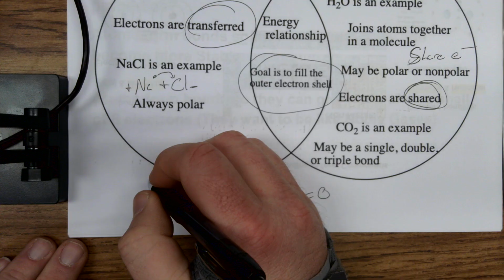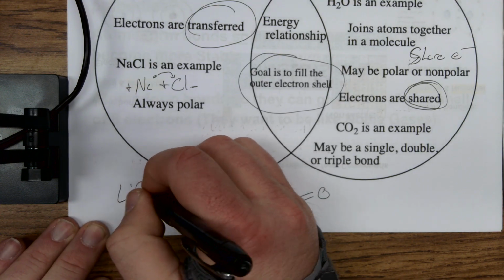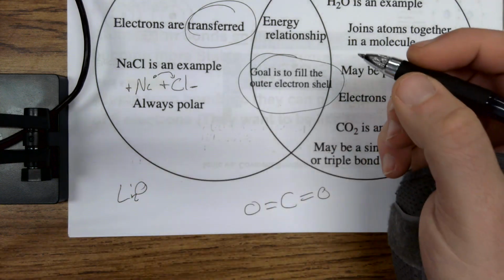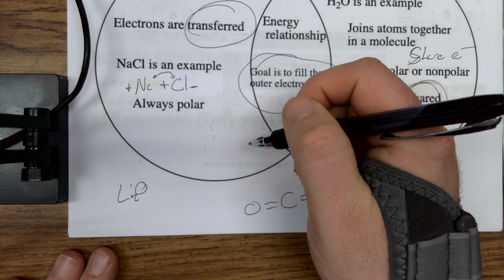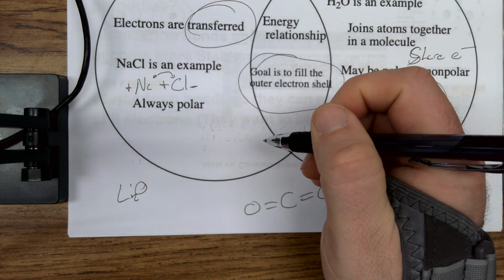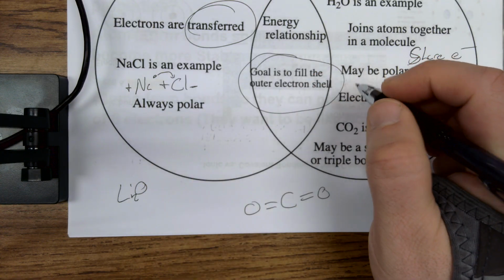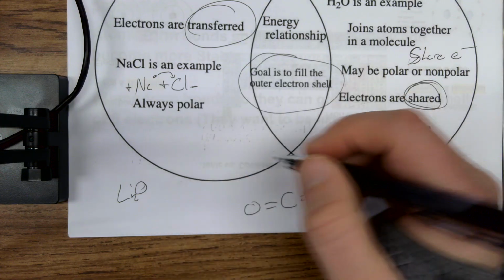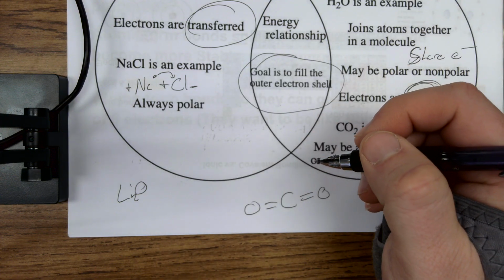Let's see what's an easy one. Li2O. Li is lithium, it's a metal. The oxygen's a non-metal. I know that that's going to be an ionic bond, just by looking at the parts.